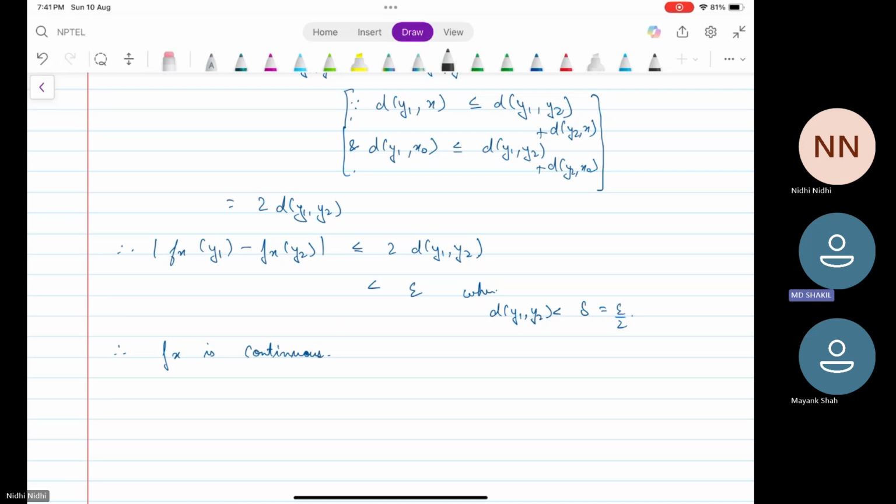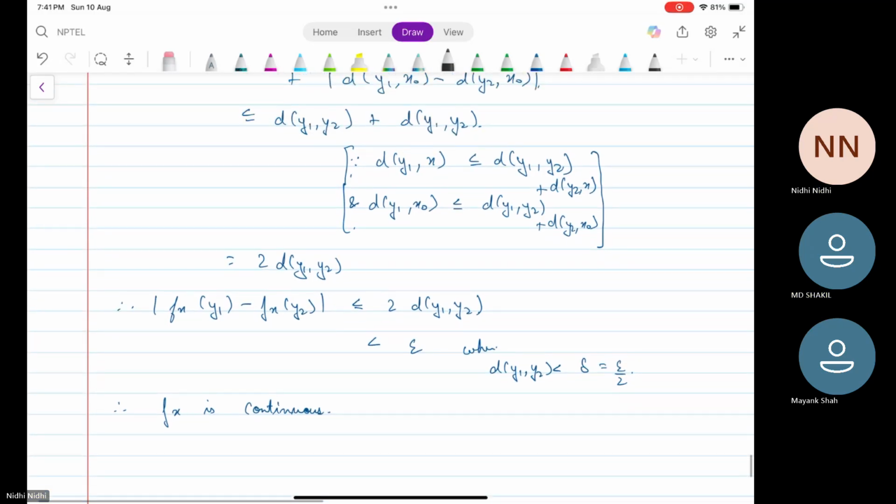Ma'am, is it equicontinuous also? For equicontinuity, should it depend on the point, for every y1, y2? If it is not depending on y1, y2, that would imply that each f_x is uniformly continuous.